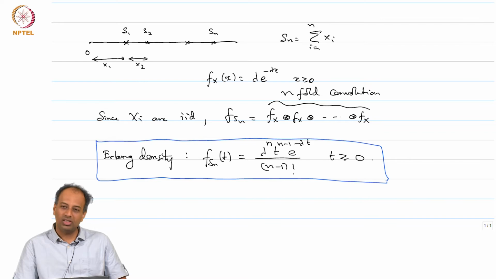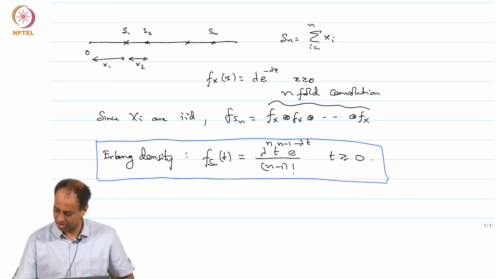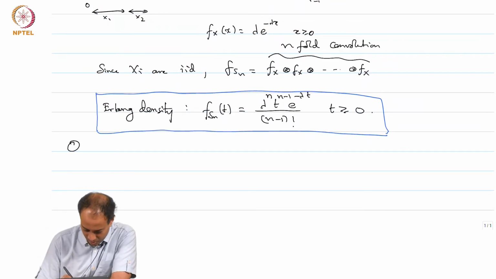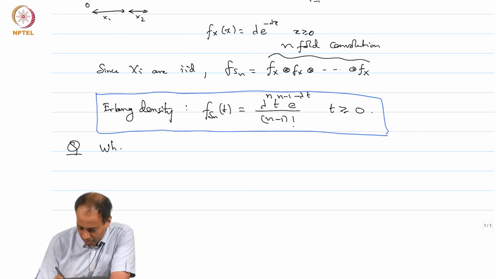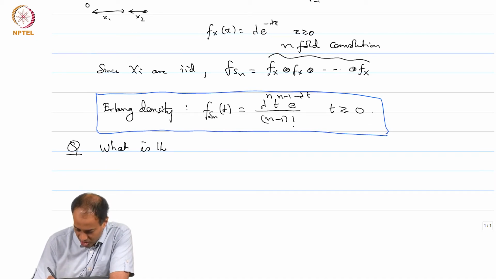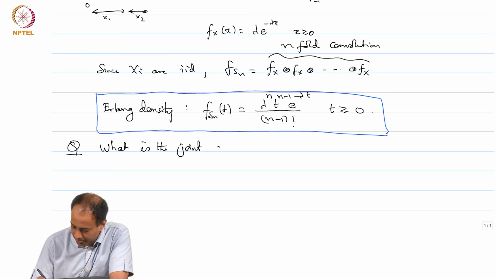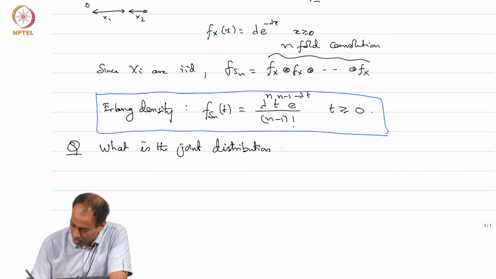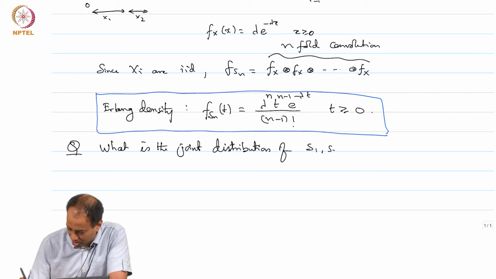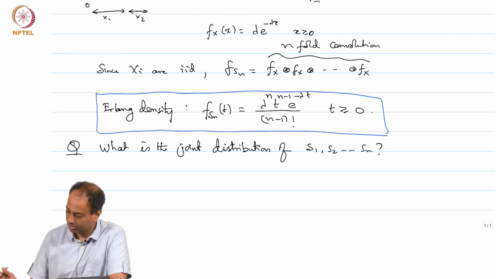So, if I ask you what is the joint distribution of S1, S2, ..., Sn for any n, it is a little more nontrivial. So, the question: what is the joint distribution of S1, S2, and so on?